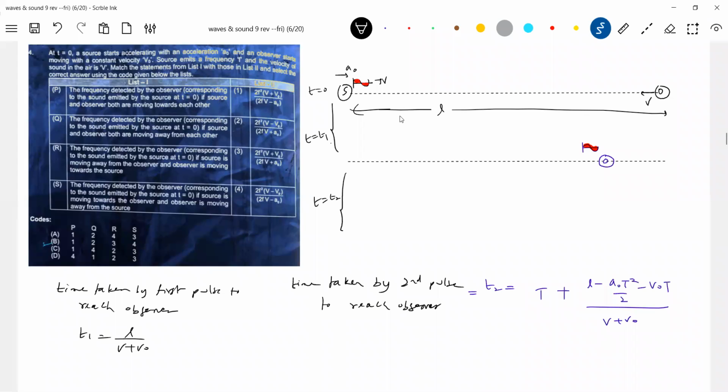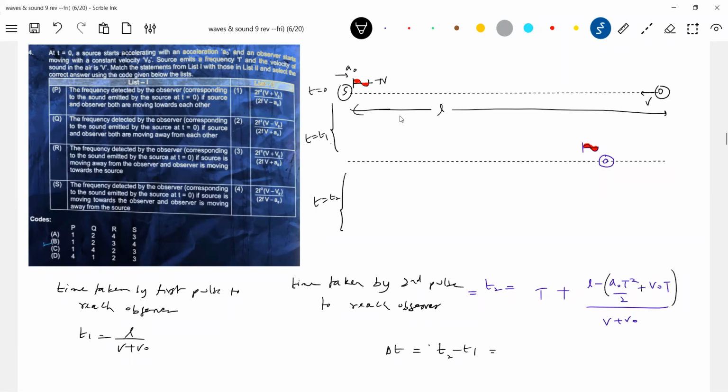This will be much easier if I do it like this. So what is the time interval? Delta T, we will take it as the difference of these two, T2 minus T1. L by V naught will get cancelled.